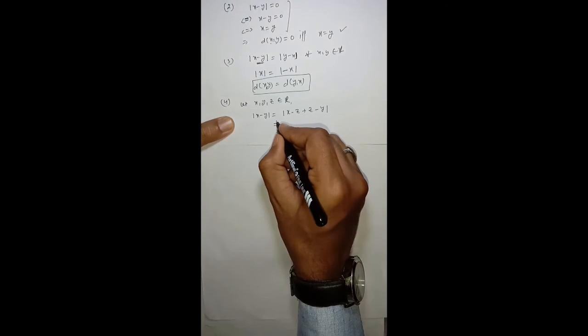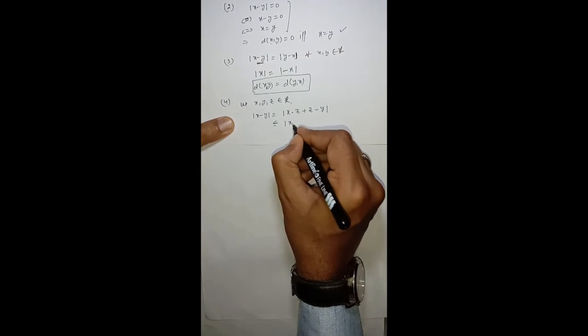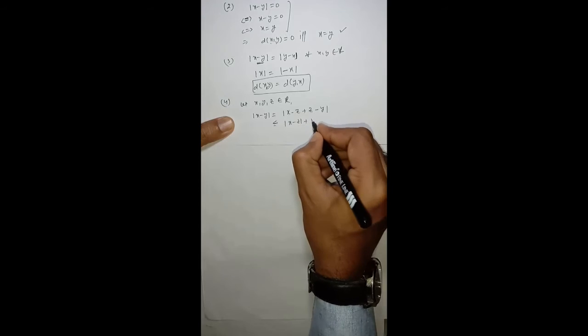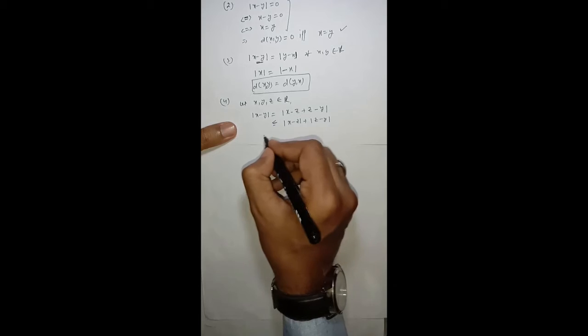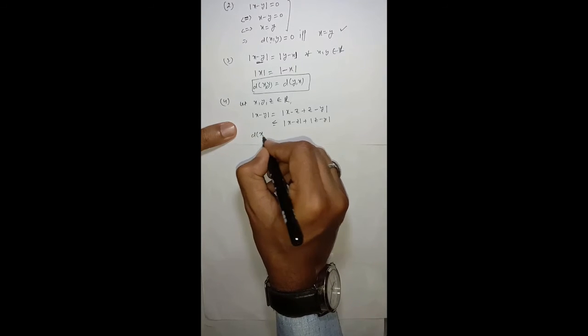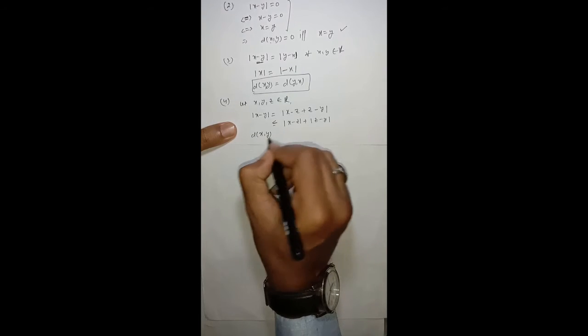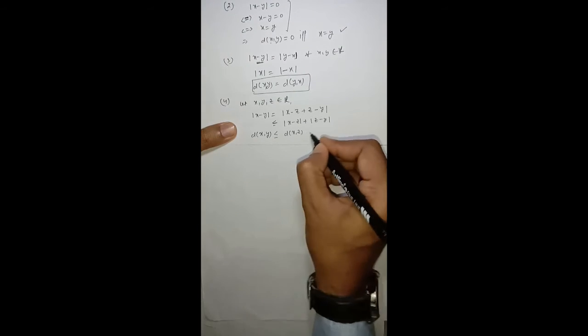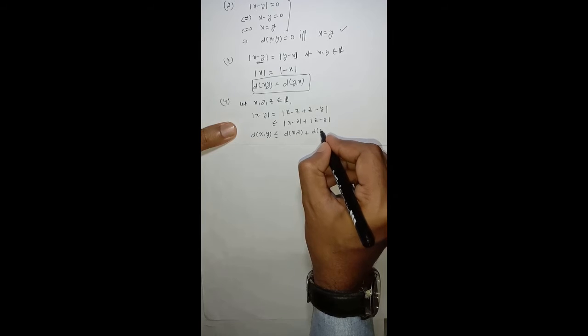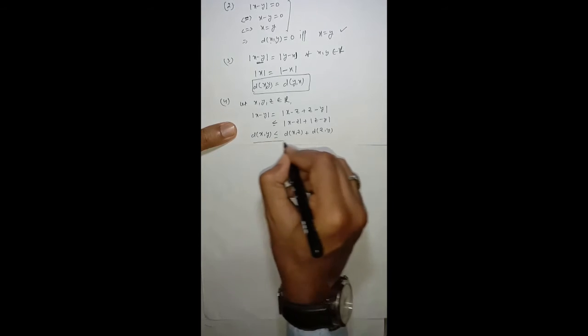This is always less than or equal to mod of x minus z plus mod of z minus y, and by the definition we can write the distance between x and y is less than or equal to the distance between x and z plus the distance between z and y.